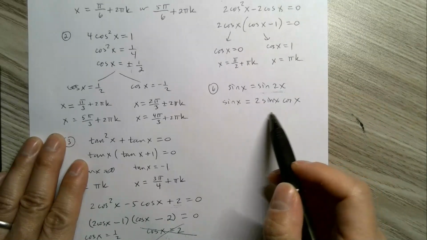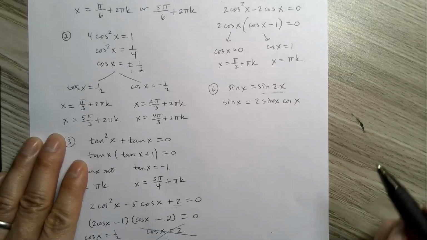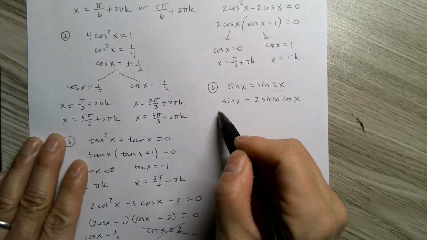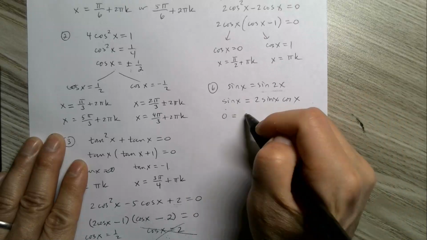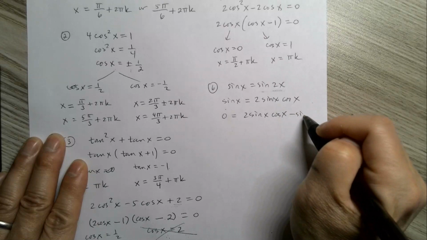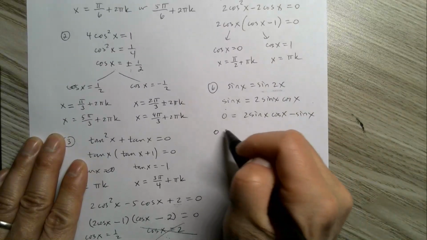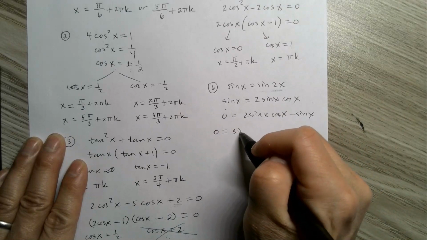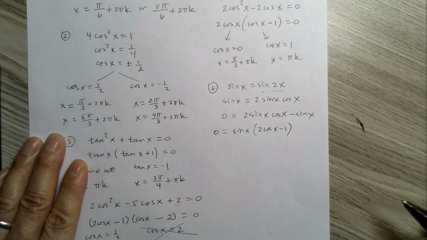Now you might think, oh, this is bad because now I got sines and cosines mixed in. But if I subtract sine x from both sides, bring it over here, and then take out a GCF of sine x, you see it's factorable, and I will get my two solutions.